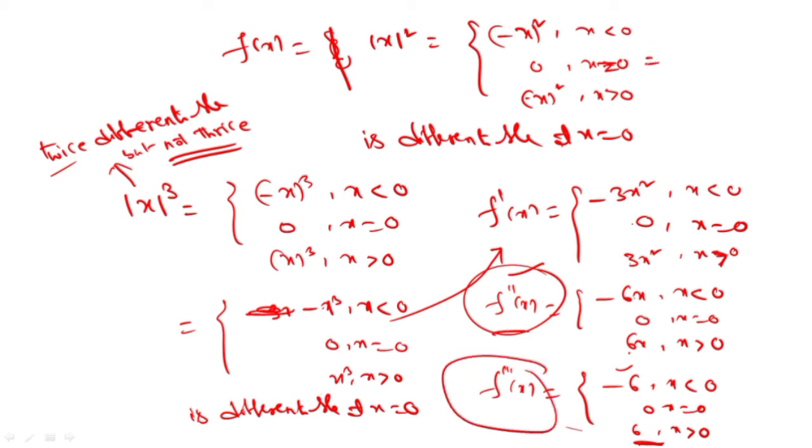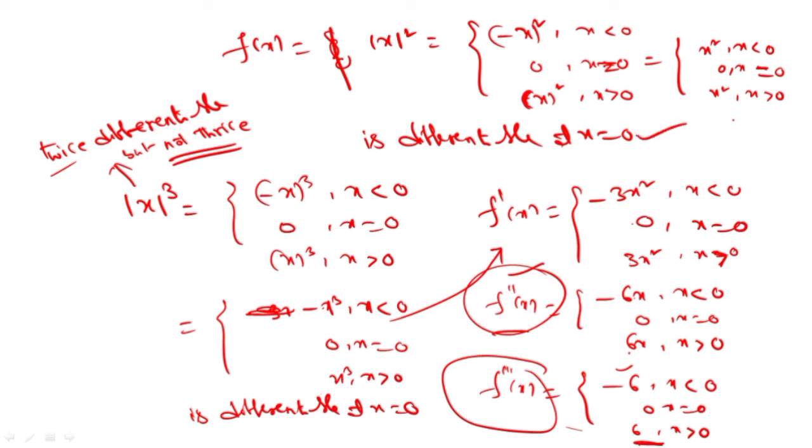But coming to mod x whole square, this is x square for x less than 0, 0 for x equal to 0, x square for x greater than 0, this is plus x whole square. So this is always differentiable, okay, always differentiable, we do not worry about this.